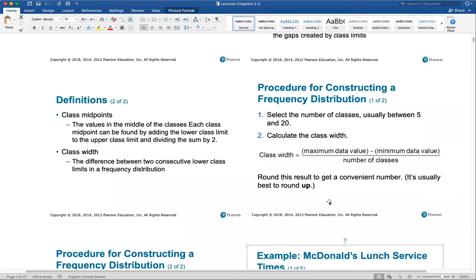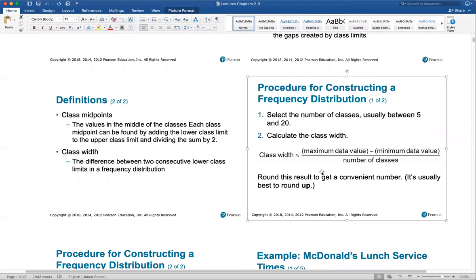Now see the next slide, procedure for constructing a frequency distribution. We select the number of classes, usually between 5 and 20. But sometimes problems give you the number of classes and ask you to make a frequency distribution.